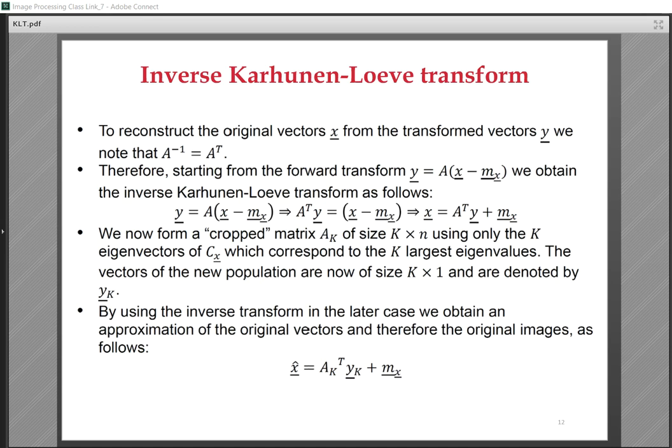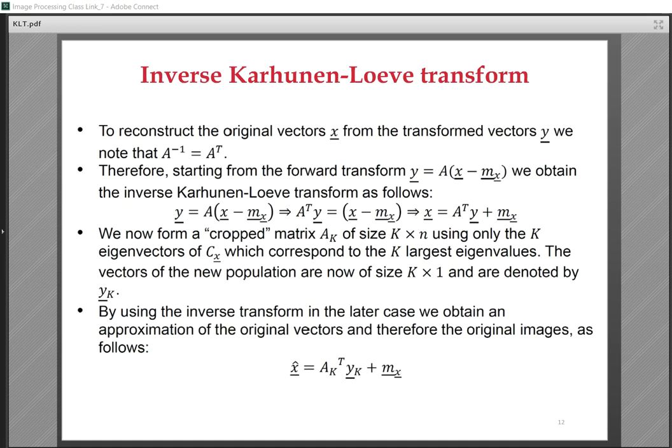Here we see these sentences. We form a cropped matrix AK of size k by n, not n by n. For example, from 10 items, we had 10 original images: image 1, image 2, x1, x2 to x10.